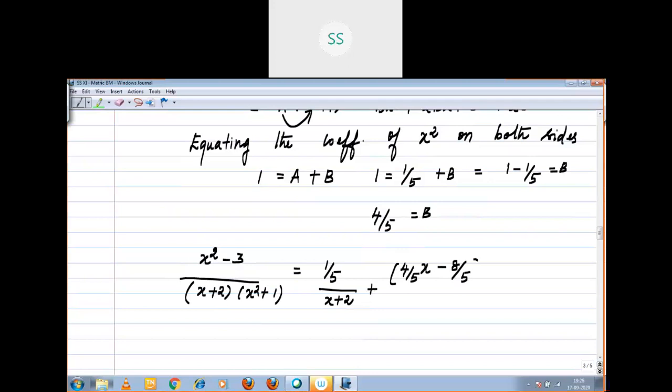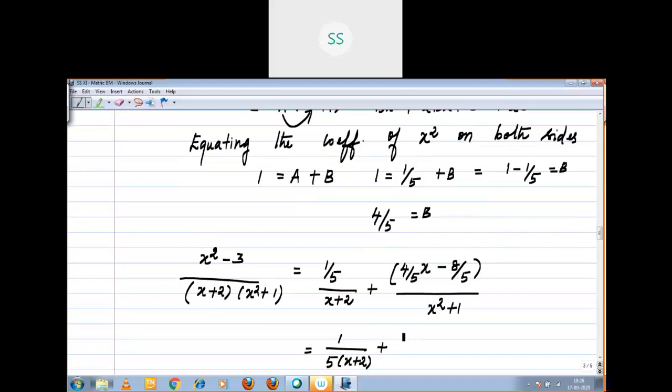What is your C? Minus 8/5 divided by (x² + 1), which is equal to, if you want, you can write like this, 1/5 into (x + 2).